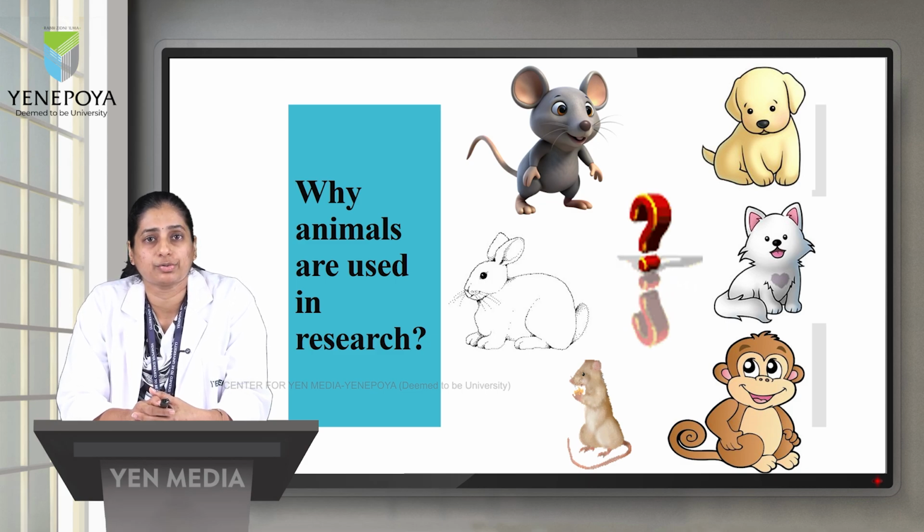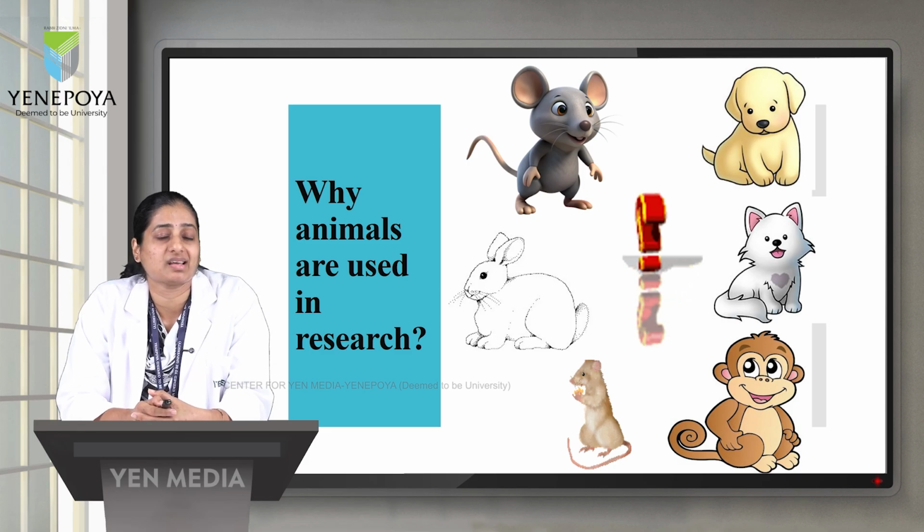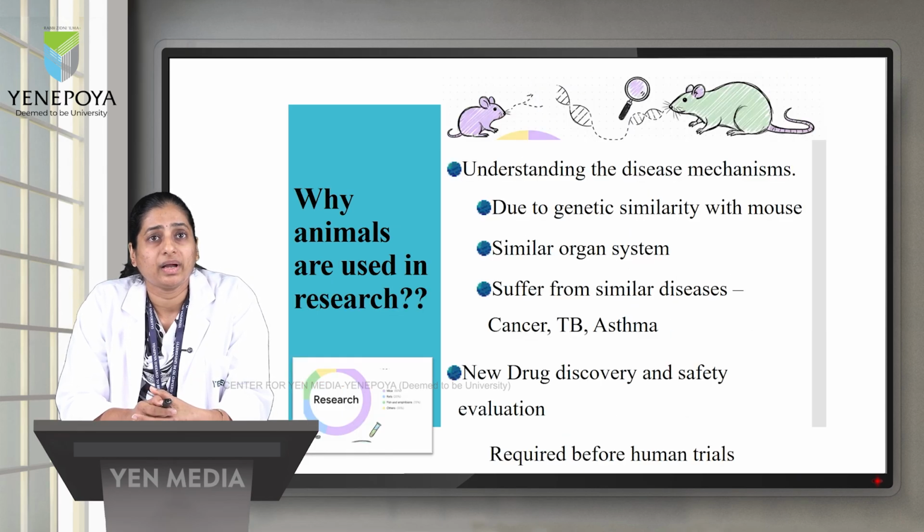So why are animals used in research? We see a wide variety of animals being used in research, that is rats, mice, dogs, pigs, monkeys and rabbits. Why are they used? They're basically used to understand the disease mechanism. This is because of the genetic similarity of humans with rodents.